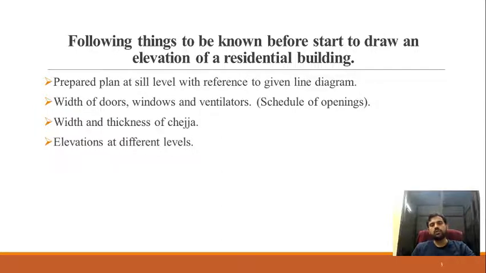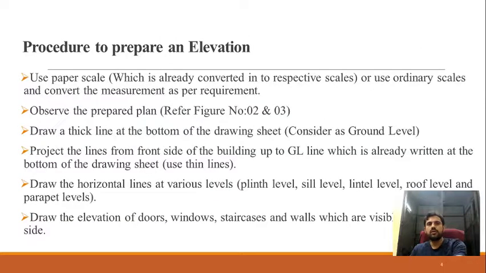The width and thickness of chajja can be visible, and elevations at different levels can be indicated. These are the things we have to prepare before drawing an elevation of a residential building or any building. This is a simple procedure I have written just for a glance.